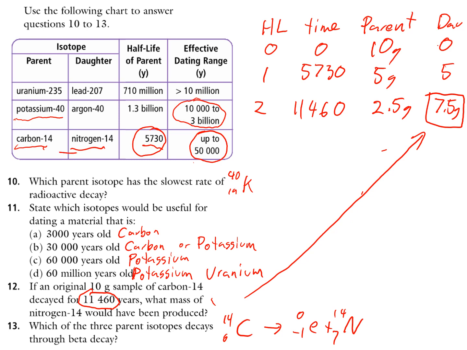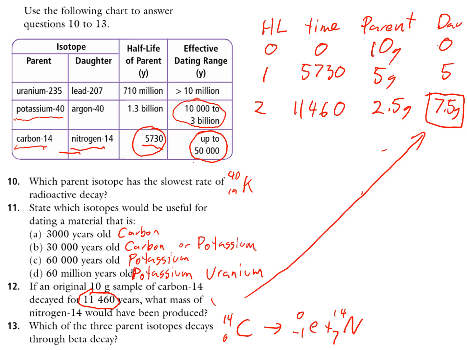This is beta decay right here. Okay? A real key thing for helping you figure out which one is beta decay and which one is not beta decay is look at that mass number. Are those mass numbers the same? For carbon, we see that the mass numbers are the same. They're both 14.